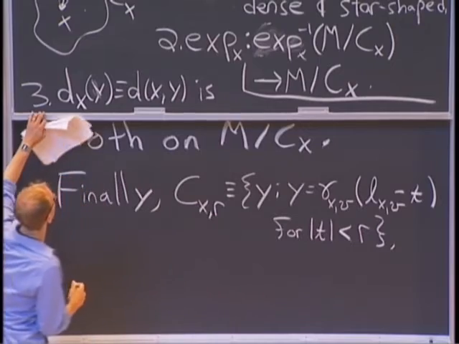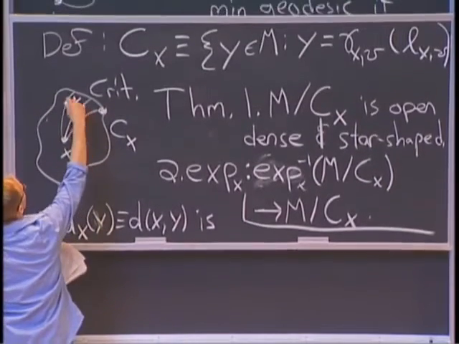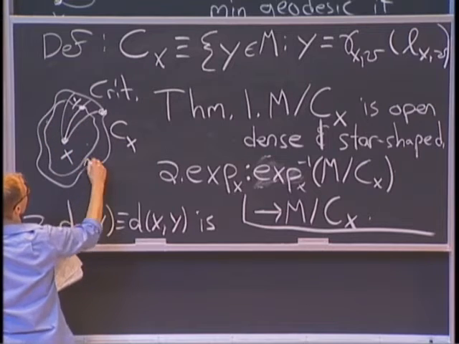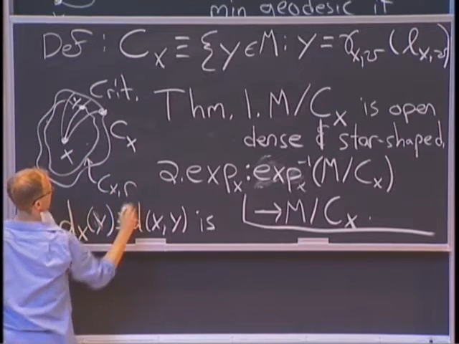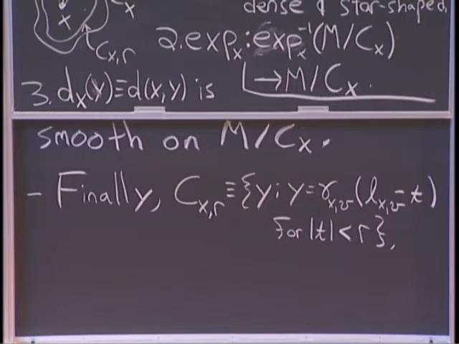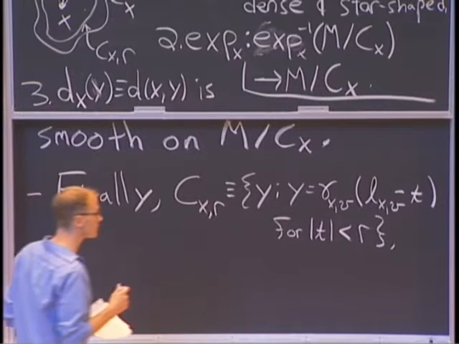So what I'm saying here is that if this here is our critical set, the R critical set is just something that pushes away from it by a little bit. So as R goes to 0, it covers an open-dense subset of the manifold.